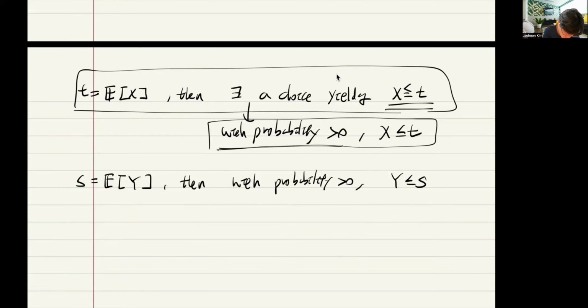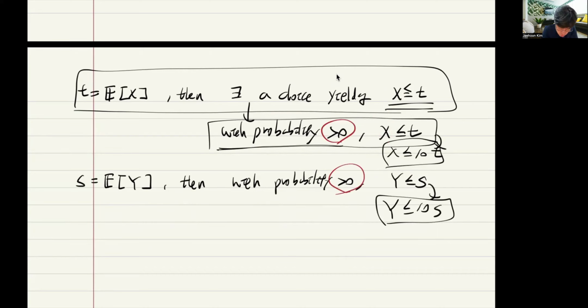So in that case, maybe we are in a situation where we want X to be small and Y to be small, but not necessarily smaller than t and not necessarily smaller than s. It could be like at most 10t is enough, and at most say 10s is enough. And if we relax this, the natural question is, can we get a better probability bound? If we somehow say that this is more than half and this is more than half, then you can surely say that with positive probability, both of them happen.